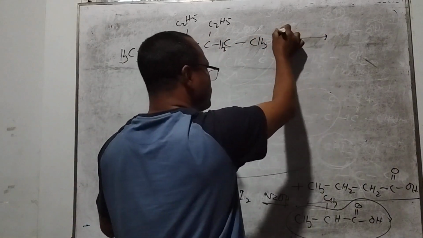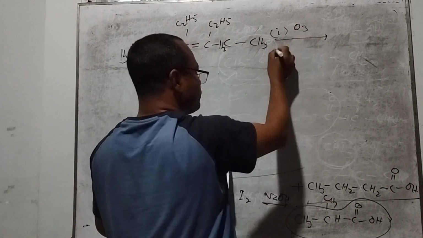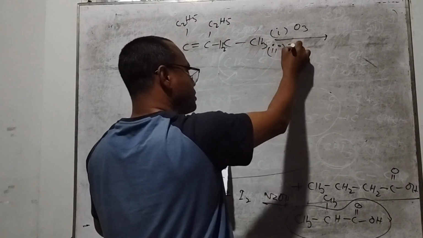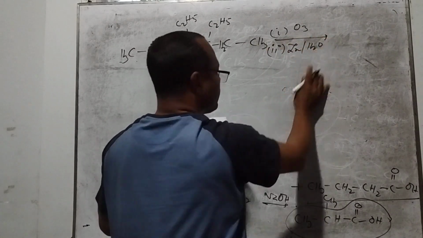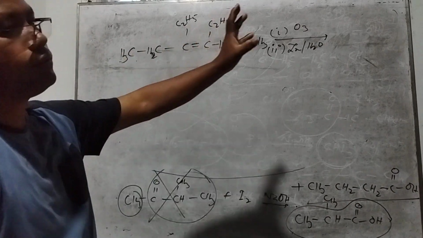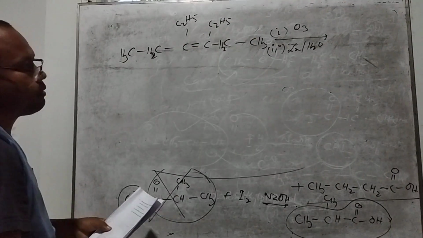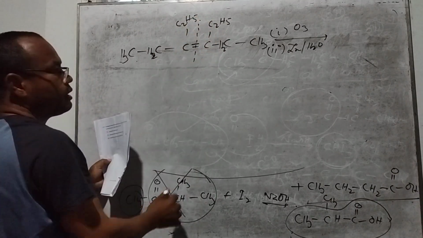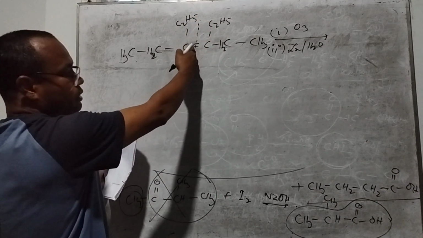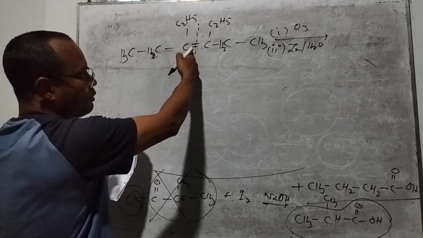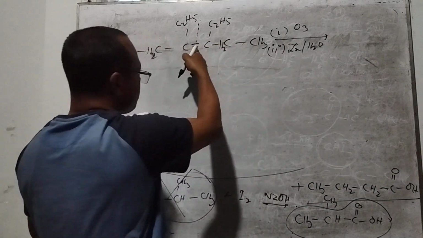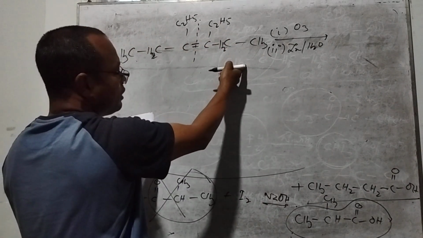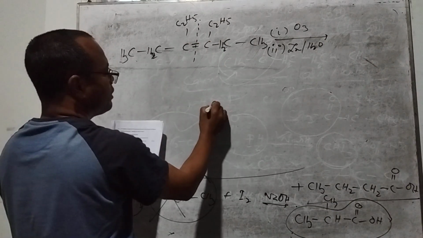Reductive ozonolysis reacts with ozone followed by zinc hydrolysis. Instead of writing the full steps of the reaction, let me write it very quickly. I cut the double bond in half, and each carbon of the double bond becomes bonded with oxygen. What is remaining here?